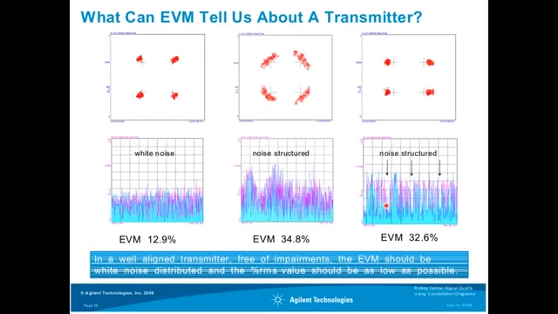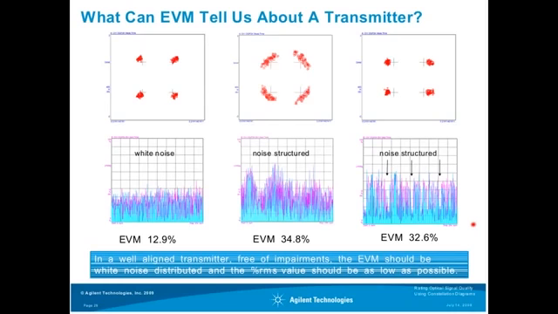But if we look at the error vector magnitude in this diagram, we can see some dominant structures, like a kind of V shapes. And in both cases, we see an increased error vector magnitude of close to 35 and 33%.